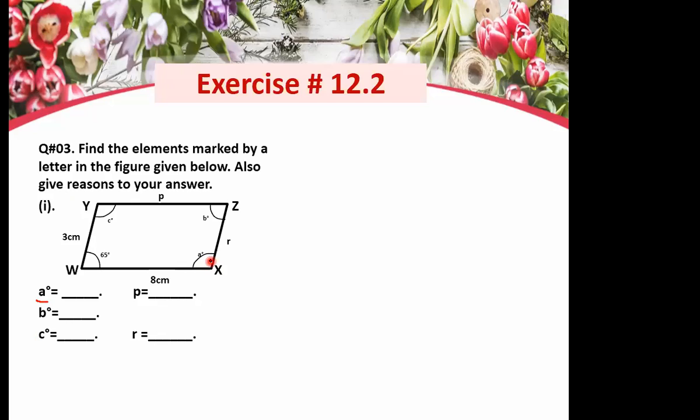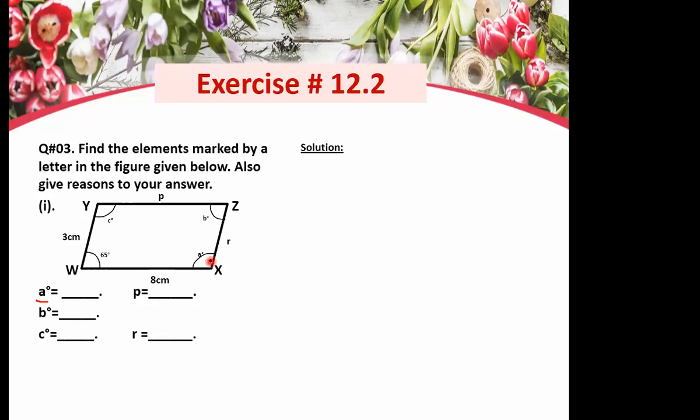First of all, you should know what kind of quadrilateral this is. It's not a triangle because it's not a quadrilateral. You have to identify which kind of quadrilateral it is, and then solve according to the properties of that specific quadrilateral. Now let's start.